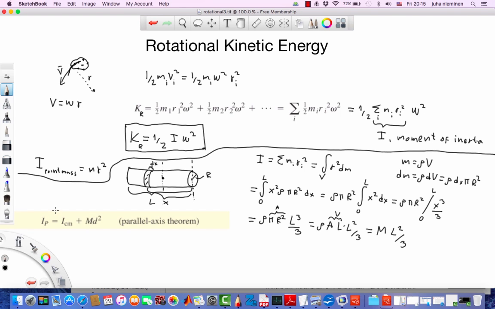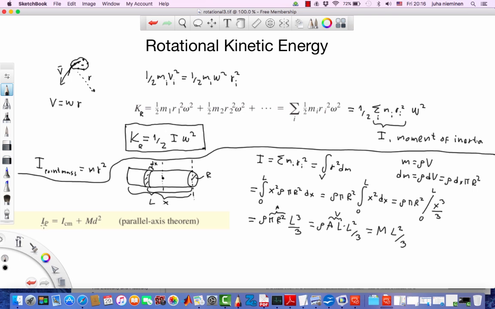It states the following: the moment of inertia about any axis parallel to the axis of rotation that goes through the center of mass is the moment of inertia through the center of mass plus the mass of the object times the distance between these two axes. So let's put it this way.